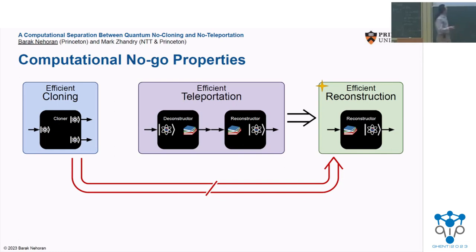And so what we actually show in the paper is that efficient cloning does not imply efficient reconstruction. And there's a very trivial reason that if you can teleport, then you can reconstruct. And so this implication is trivial. And if you follow the logic of the arrows, you'll see that these two arrows combine to show that efficient cloning does not imply efficient teleportation.